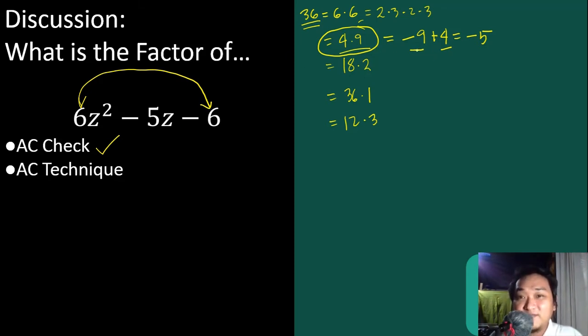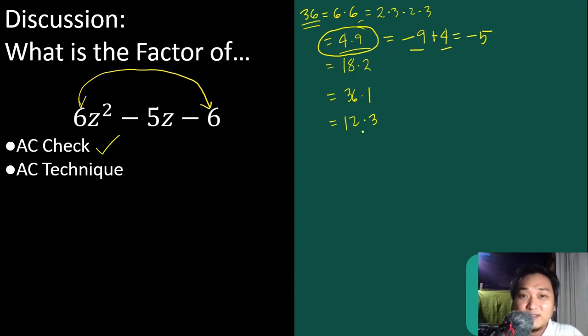So, we have 4 and 9. And then, what we did was think about what operation between 4 and 9 would make it negative 5 when added or subtracted. The fact is, it will result to negative 5 if you add negative 9 plus positive 4. Okay. So, now we have negative 9 and positive 4.